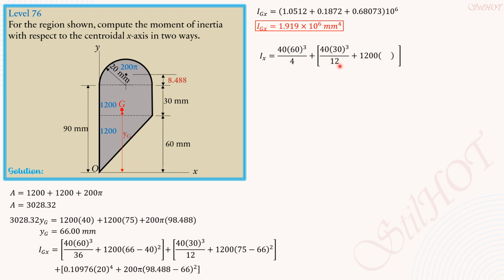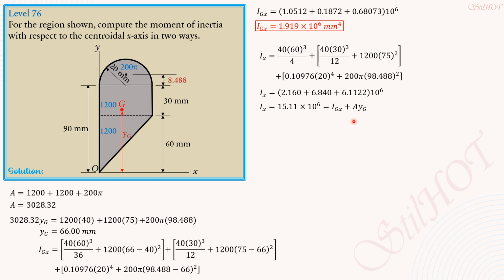For the semicircle, we have to transfer also to this x-axis here, and it is 0.10976 times 20 to the fourth plus area 200 pi times 98.488 square. So Ix is equal to 2.16 times 10 to the 6 plus 6.84 plus 6.1122 times 10 to the 6. Combining, Ix is equal to 15.11 times 10 to the 6 mm to the fourth.